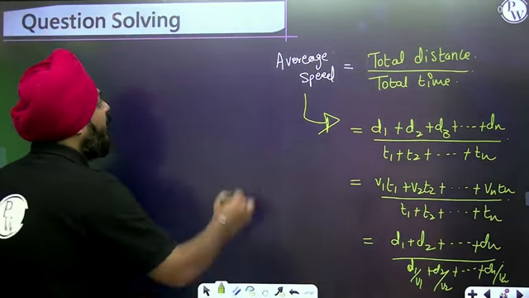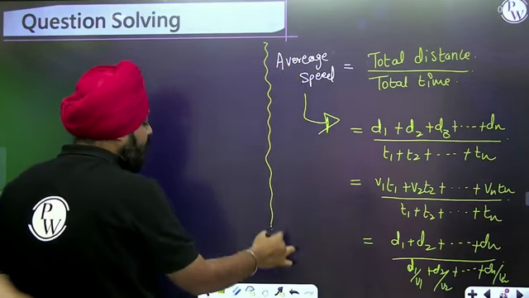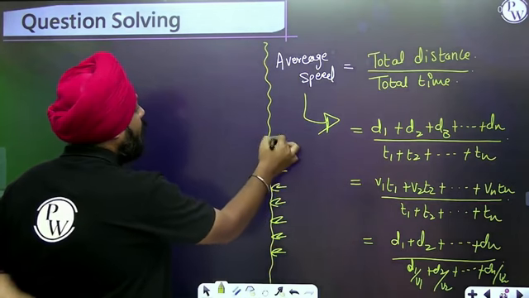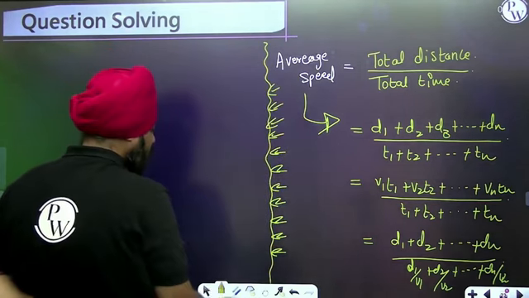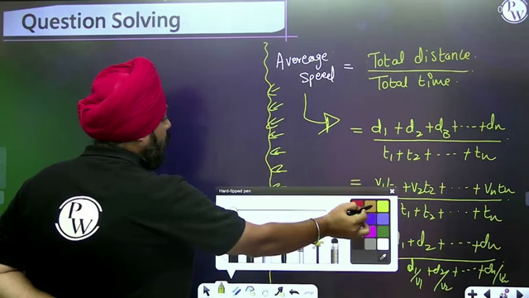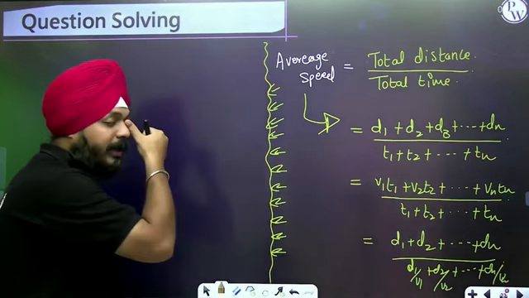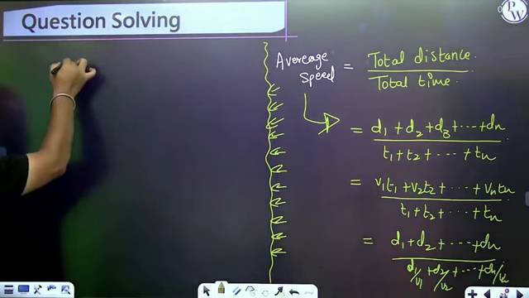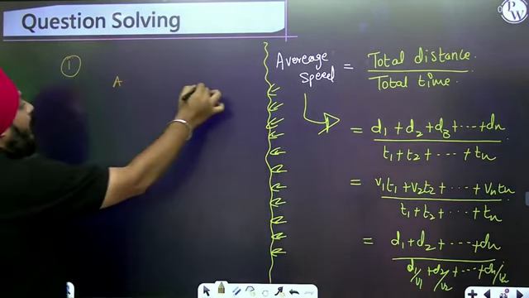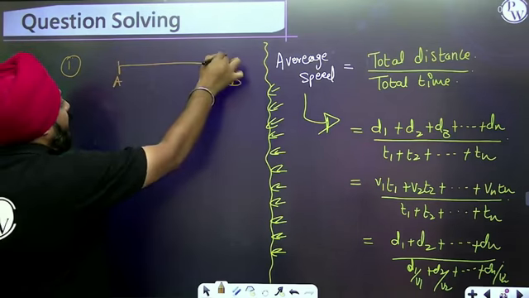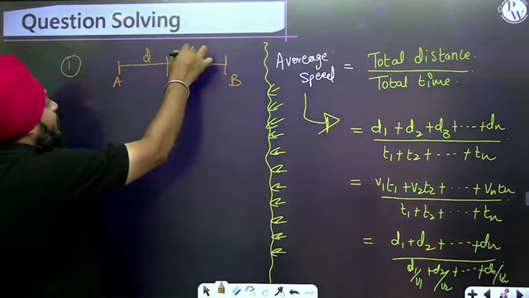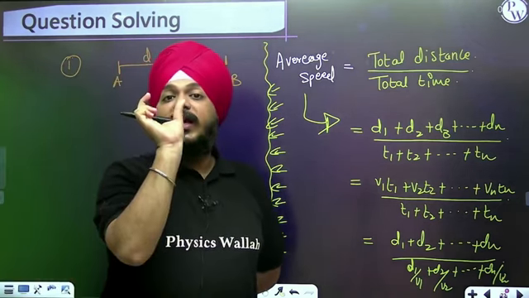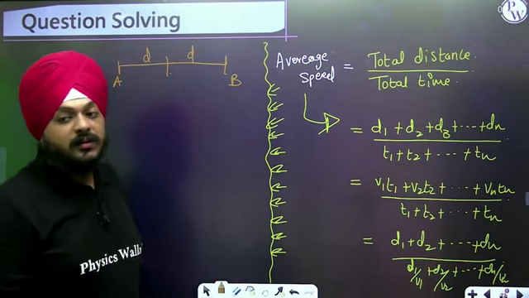Apart from this, in the case of uniform motion, we have some special cases also. What are those special cases? First, suppose a particle starts from A, ends at B. It covers the distance in two intervals, and those two intervals have equal measurements.